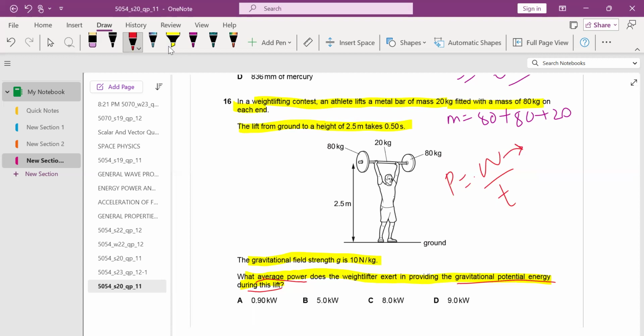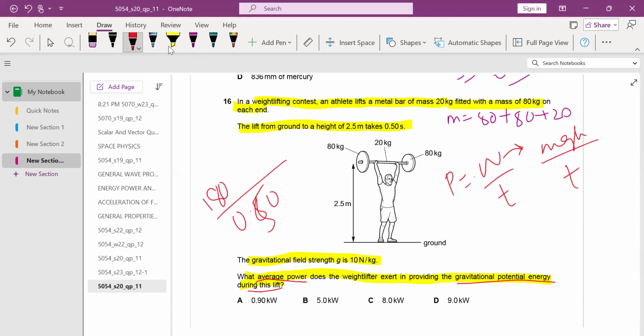Whenever mass, gravitational field strength, and height are given, you will use the formula mgh. Power is work upon time, means mgh divided by time. Time is given 0.50. M is in total 80 plus 80 plus 20, it would be 180.